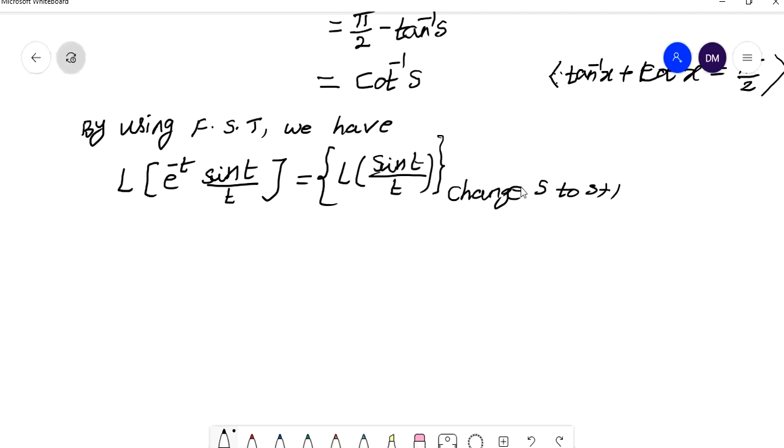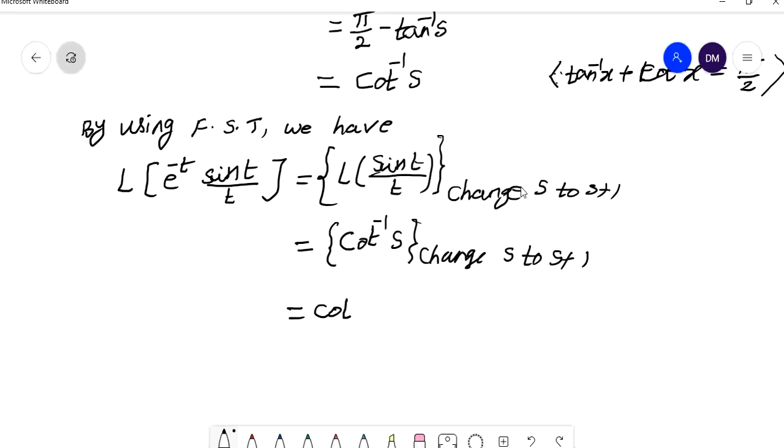So L of sin t by t is cot inverse of s, and here we change s to s plus 1. So this is equal to cot inverse of s plus 1.